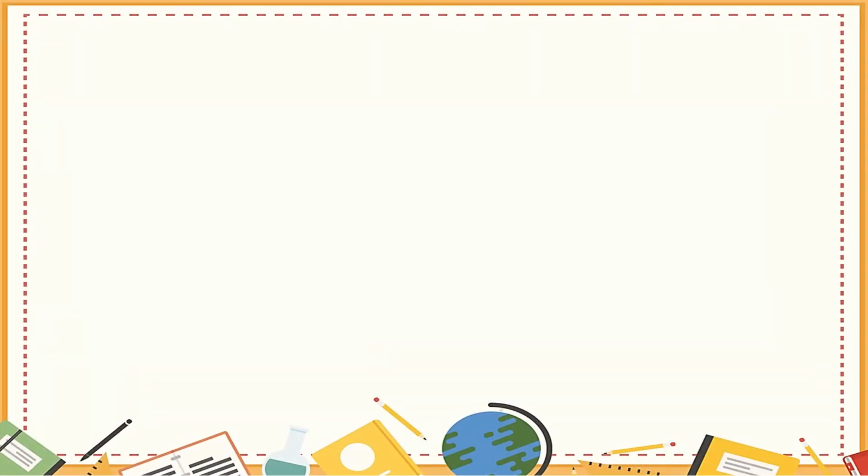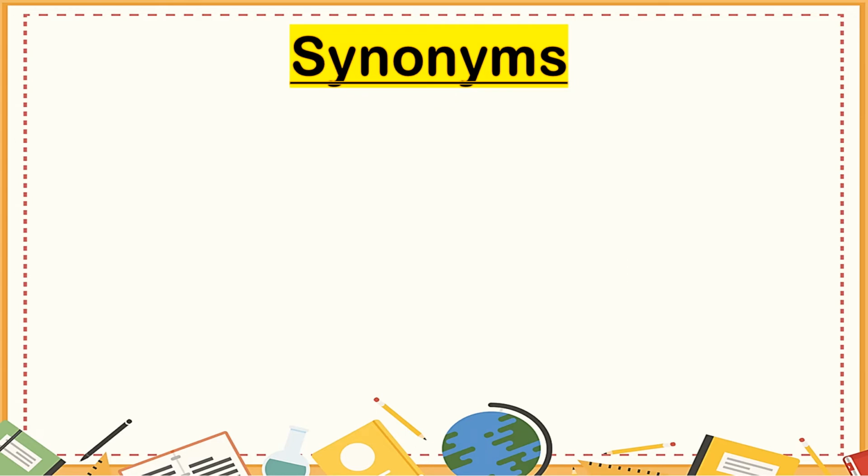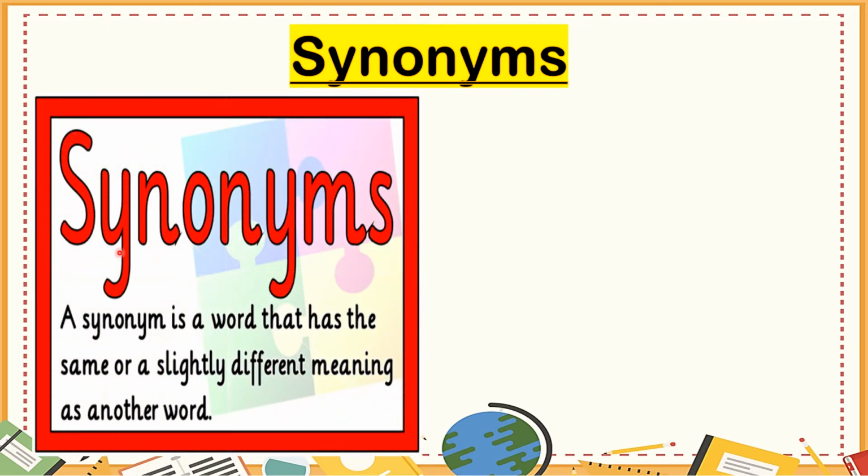So class, last week we discussed antonyms, and now we are going to discuss the exact opposite of antonyms, which is synonyms. A synonym is a word that has the same or a slightly different meaning as another word.